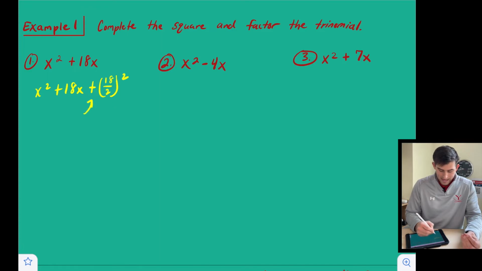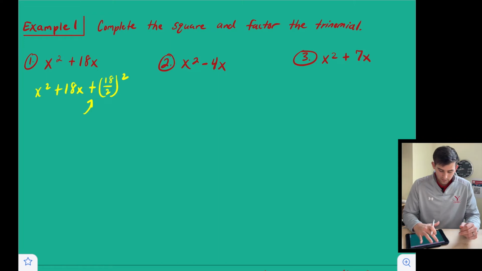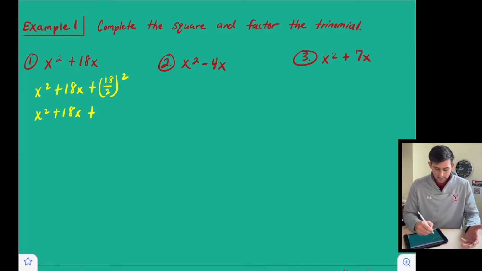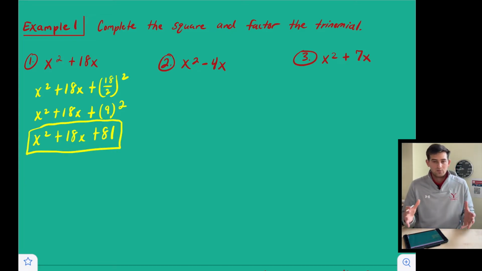We added it to our previous binomial, x squared plus 18x. Now 18 divided by 2 is just 9. Square 9 and we get x squared plus 18x plus 81, and that is our perfect square trinomial. We have now completed the square.